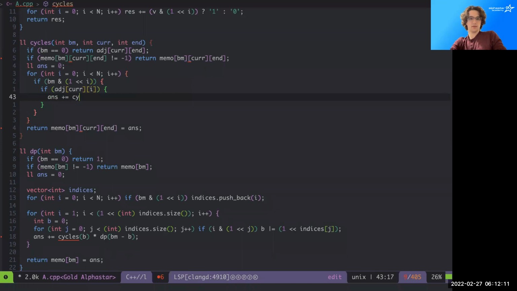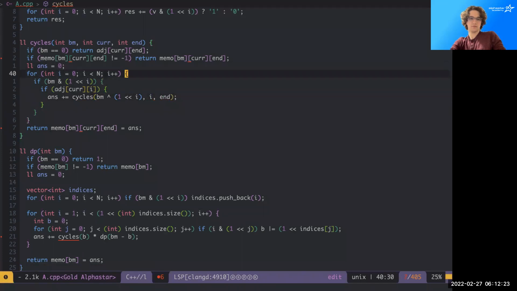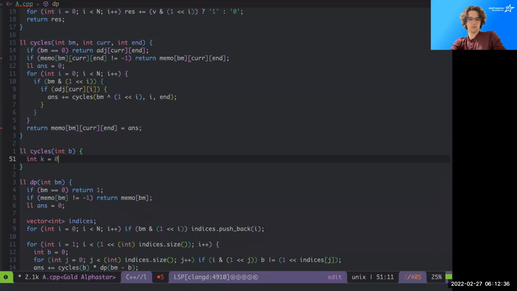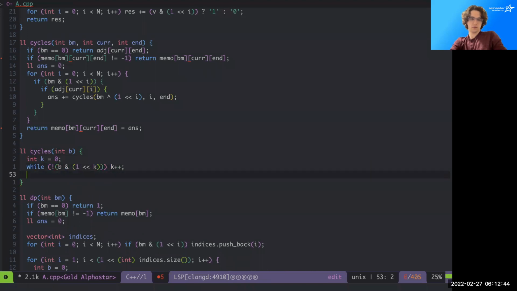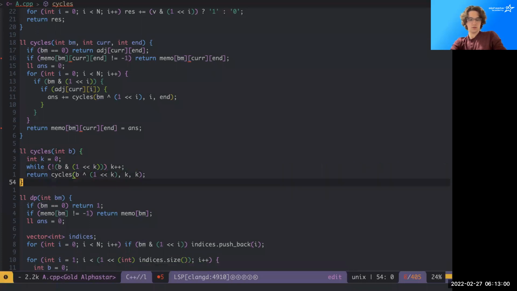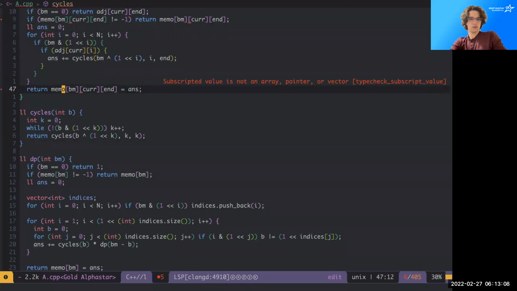Adjacency of I and plus equals. Have to start the cycle.